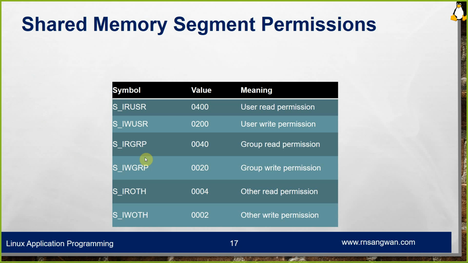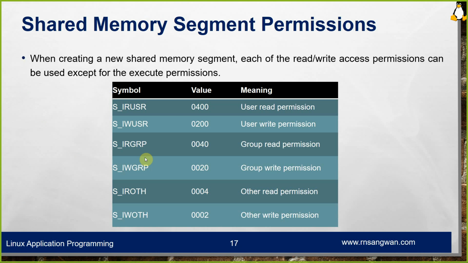Shared memory segment permissions. When creating a new shared memory segment, each of the read and write access permissions can be used except for execute permission. If you recollect, the same permission symbols were used in the previous IPC also. User read permission, that is S_IRUSR, R for read: user read, that's how you should read it.